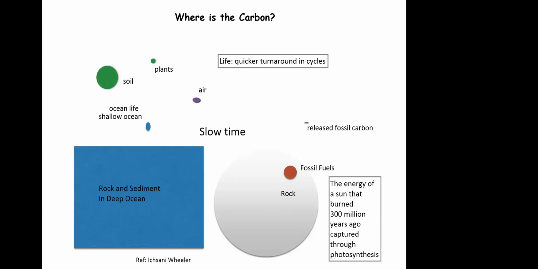So you have it in the soil, in plants, in the air, in the shallow ocean. It's life in the oceans. And there's a tiny bit up there which is fossil carbon released by us through our burning of fossil fuels. Next slide, please.